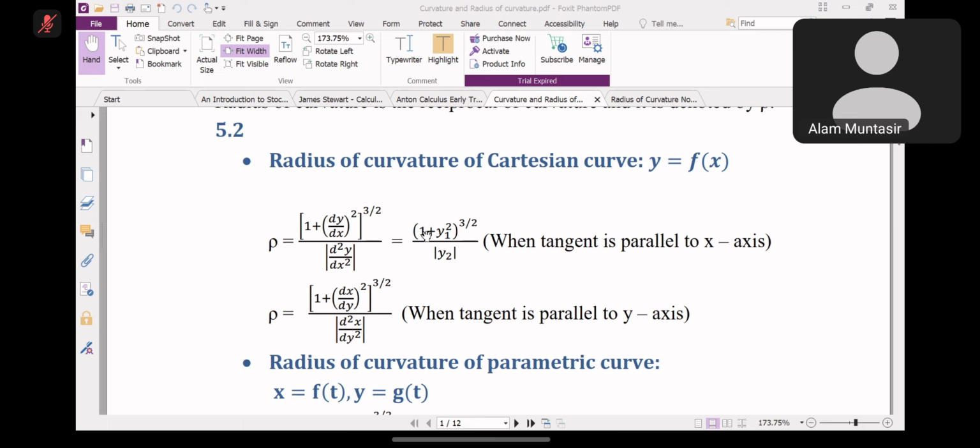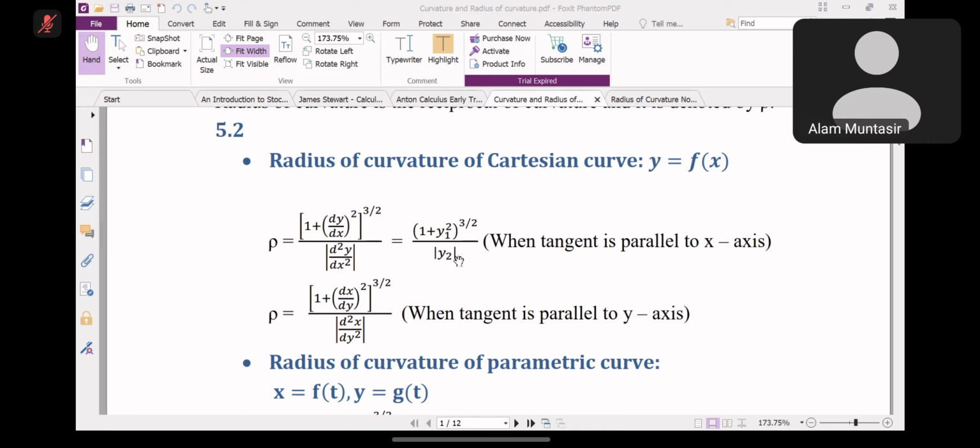There is a shorthand notation: (1 plus y1 square) to the power 3 by 2 divided by modulus of y2, where y1 means dy by dx, y2 means d square y by dx square, that means the second derivative with respect to x. Well, there are two different rules based on the structure of the tangent.